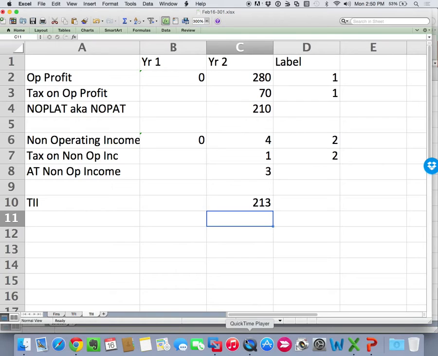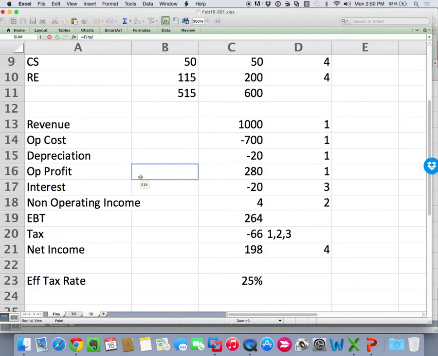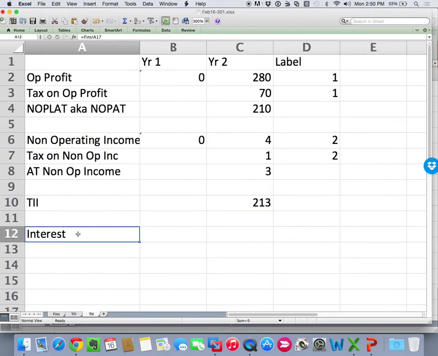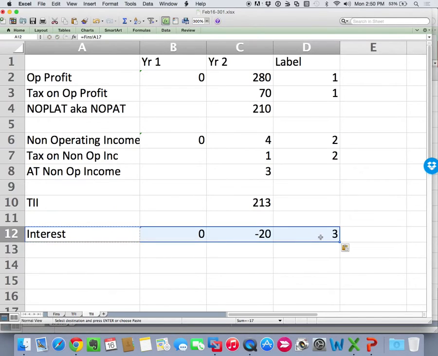All right, not negative 213 million. It's got to be positive 213 million. That's the way the statement balances. So here's why this applies. I do my debt cash flows. My debt cash flow is my interest expense. It's negative 20 on the statement.